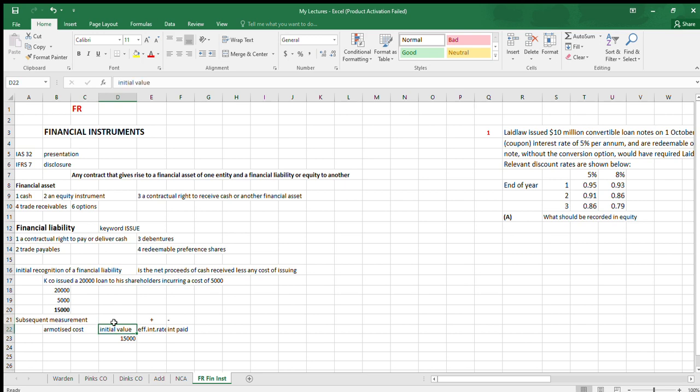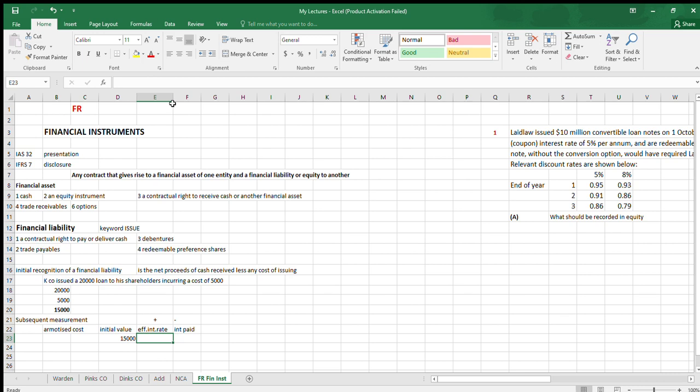So after you lessen the transaction cost, or any cost incurred in issuing the liability, from the actual liability you incurred, it will come under the amortized cost as 15,000. Then you add your effective interest rate, which will always be in the question, and subtract the interest paid.